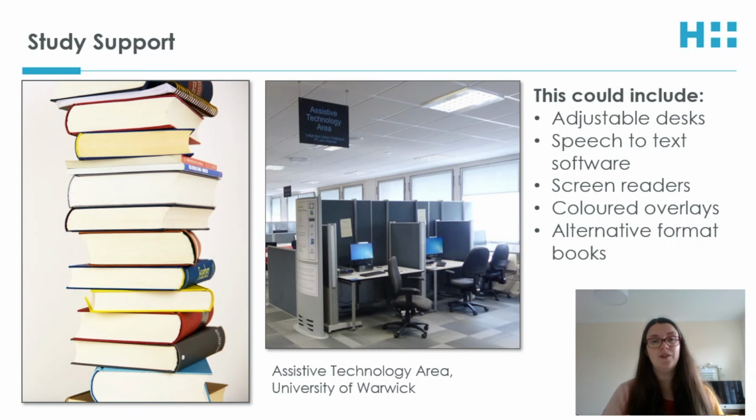So if you need those in a different format, for example, if you need them in large print, or you might need them in CD format to use with a screen reader, libraries are very happy to help you with that as well. In terms of assistive technology, it's important to note that you can also purchase assistive technology and software for your personal computer using your DSAs, and your university will be able to advise you on the best software to purchase. They might even have some software that you can use for free.